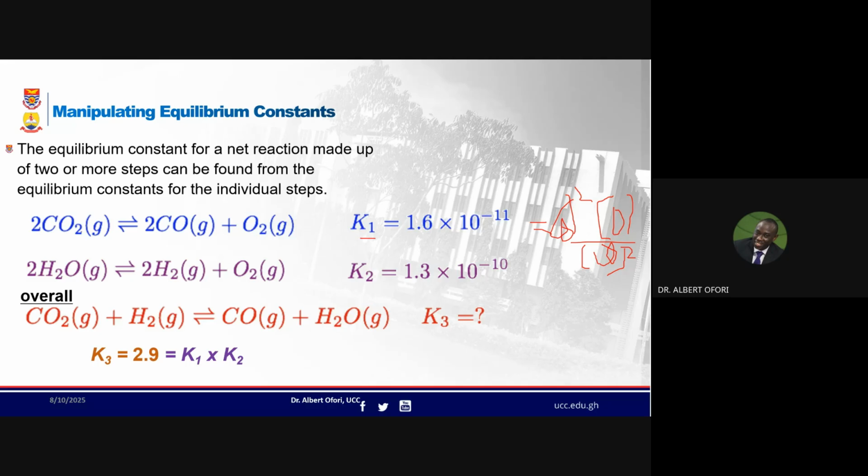Then the equilibrium constant for this will also be equal to the concentration of hydrogen gas raised to the power 2, multiplied by oxygen raised to the power 1, divided by, well, the water is a gas, so we include it, the concentration of water raised to the power 2.